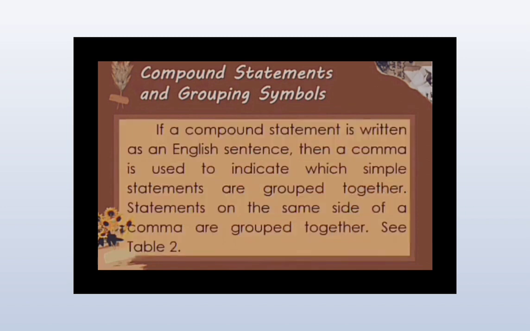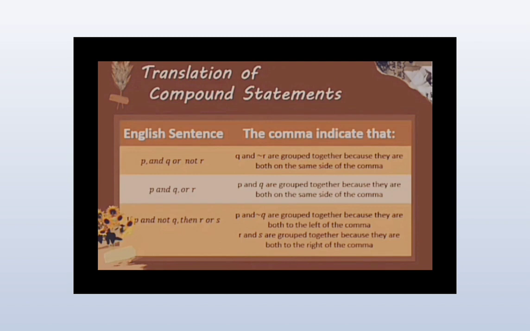If a compound statement is written as an English sentence, then a comma is used to indicate which simple statements are grouped together. Statements on the same side of a comma are grouped together. So let's have here Table 2. These are the examples for English sentences.